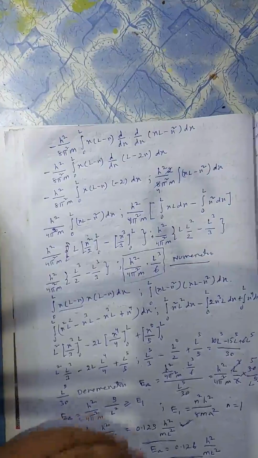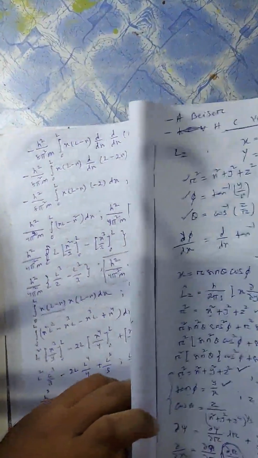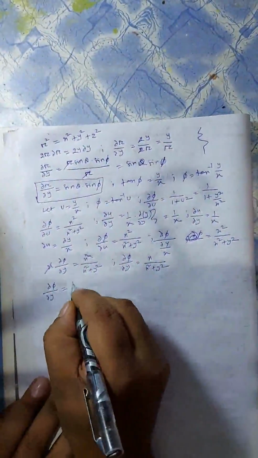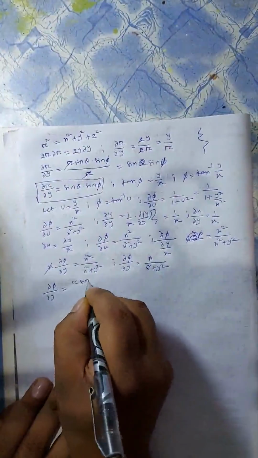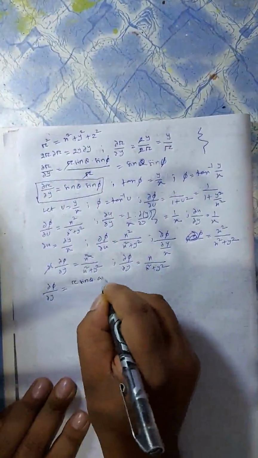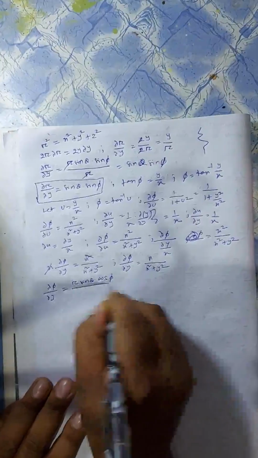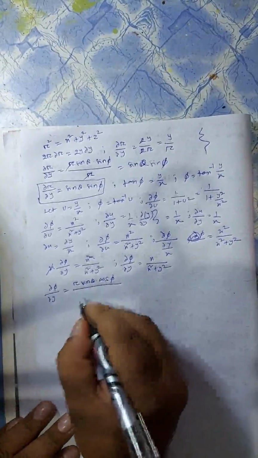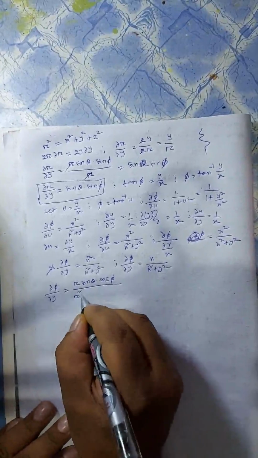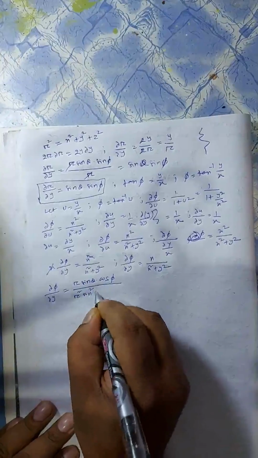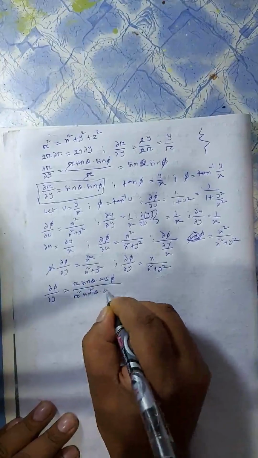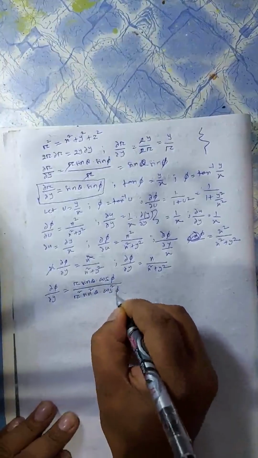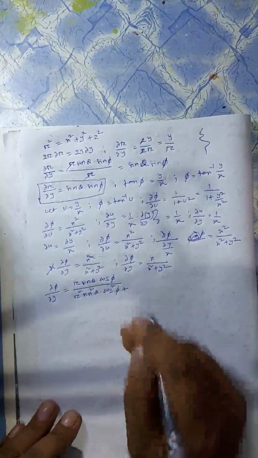Then you put dou phi by dou y, in place of x you write what? R sin theta cos phi. R sin theta cos phi plus, in place of x square we write everything is square. R square sin square theta cos square phi plus y.